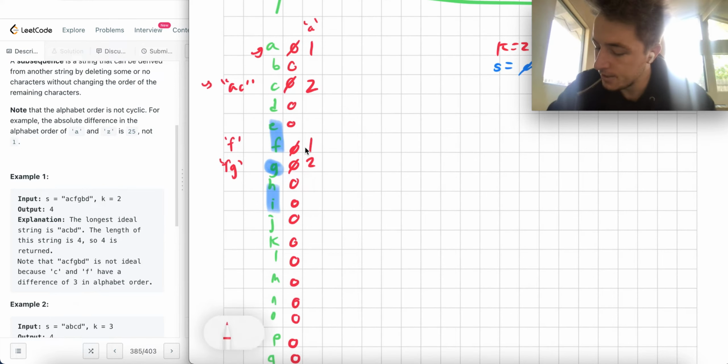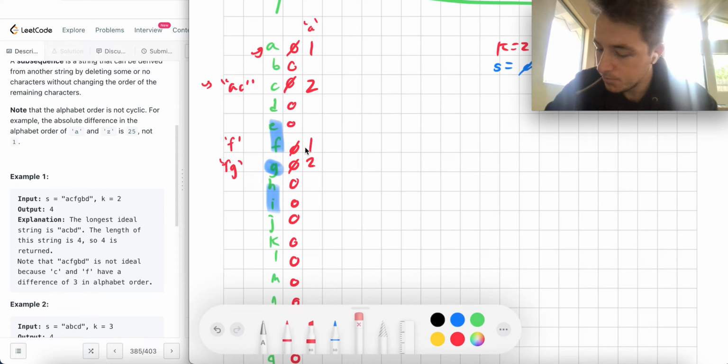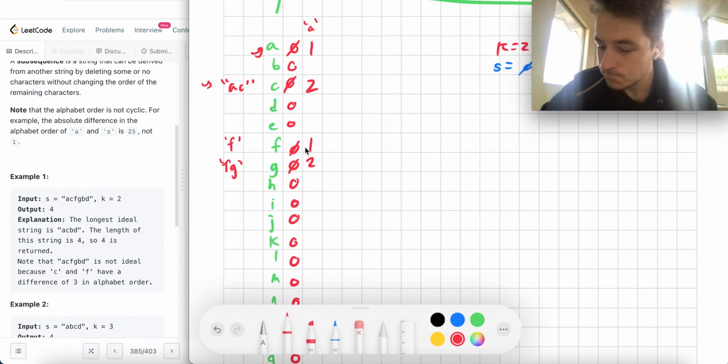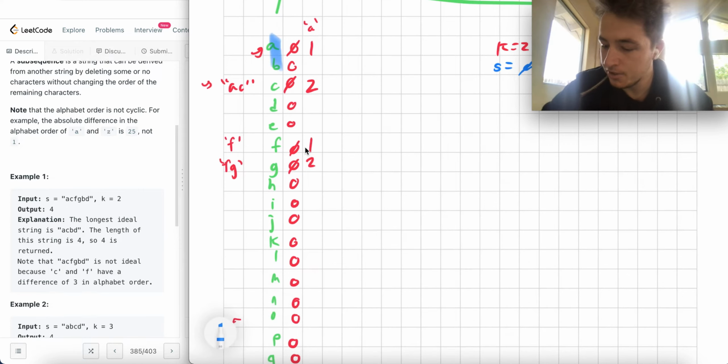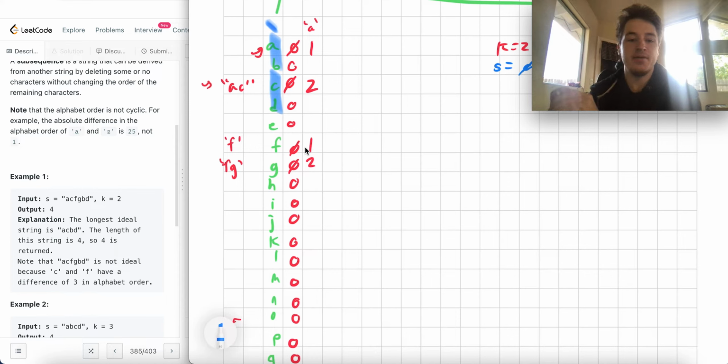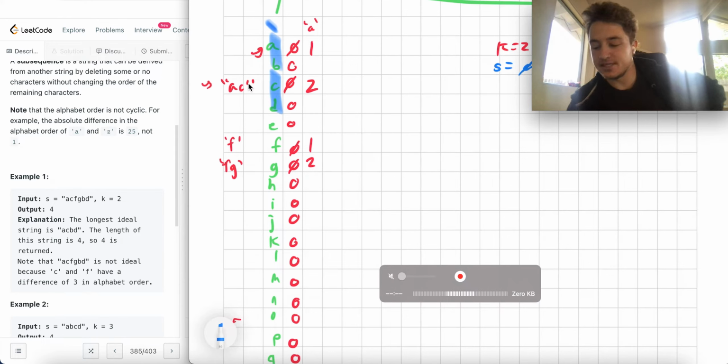All right, and then we process B. Now, actually, I will highlight because there's an important example here. We have A, B, A nothing, because it can't go higher, and then C, D. Now it has options. It can attach itself to A or it can attach itself to AC, but B can be attached to A, B, C, or D. So it might as well attach itself to C because C is longer.